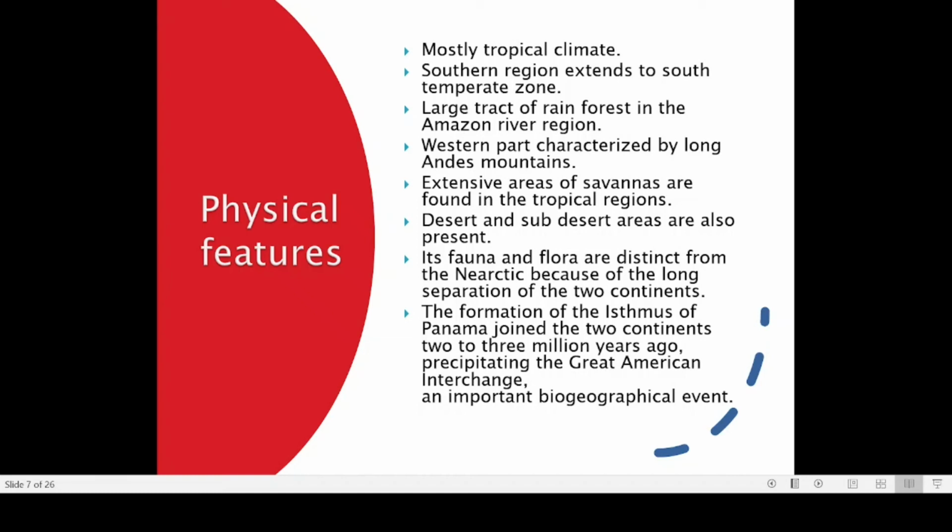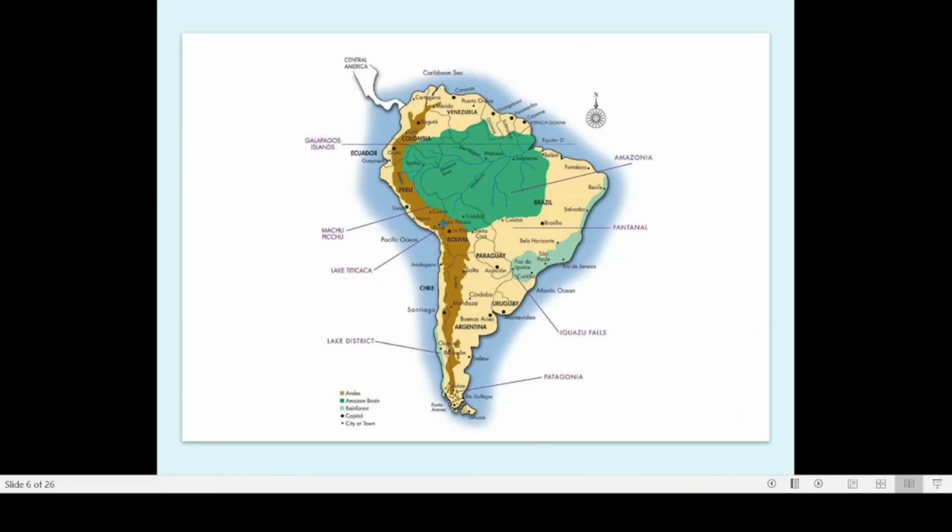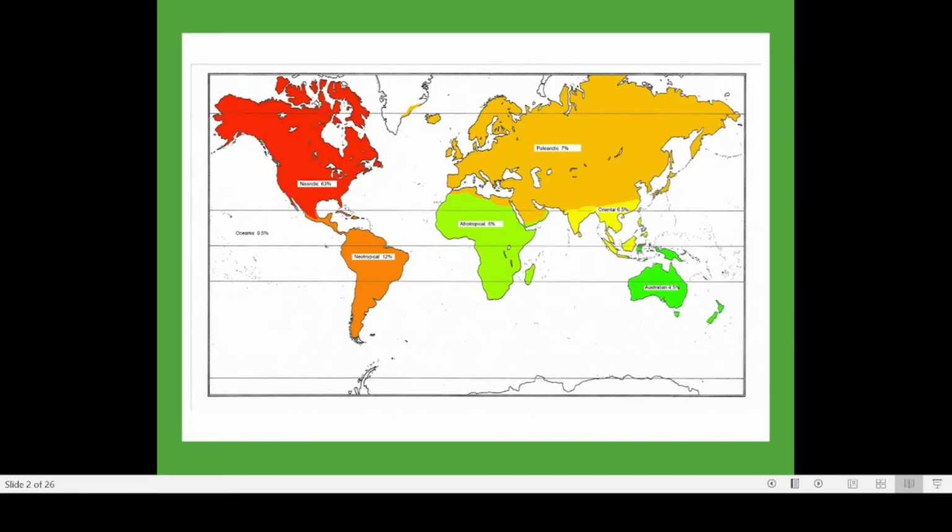So that is responsible for the existence of several species. For example, if you take the horse, the evolution of the horse actually took place in North America. It was from North America that the horse migrated to different regions of the world. From North America the horse came to South America.